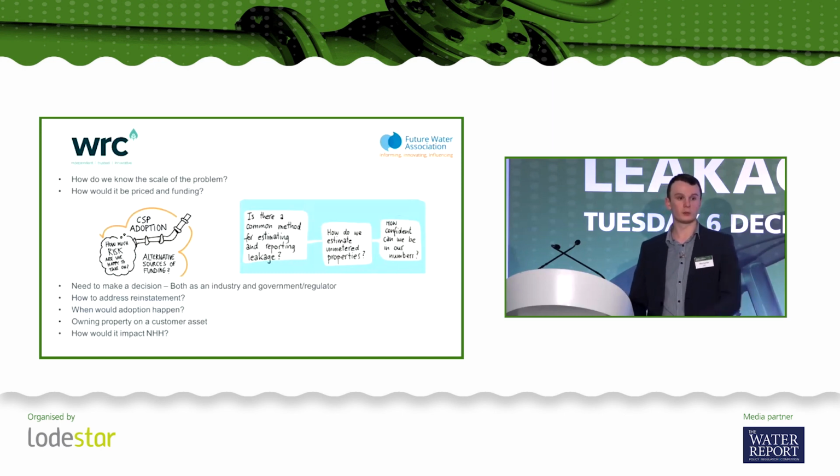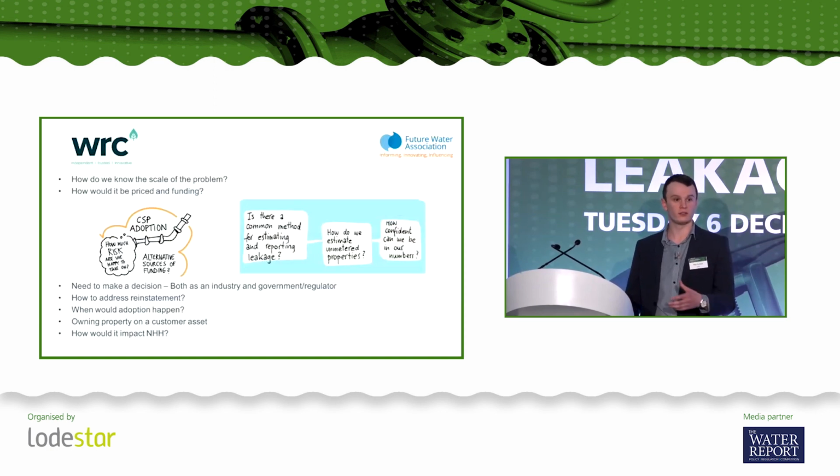And that goes to the point that everyone felt that a decision needs to be made about customer supply pipes. And that's not just saying to the regulator that a decision needs to be made around the ownership, but it's also up to us as an industry to look to form a consensus on that, so that we can make recommendations and we can say that we think the solution for this is going to be moving in this direction.